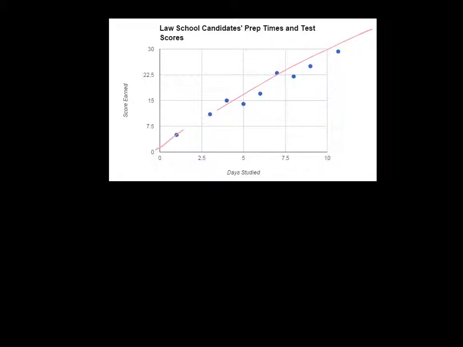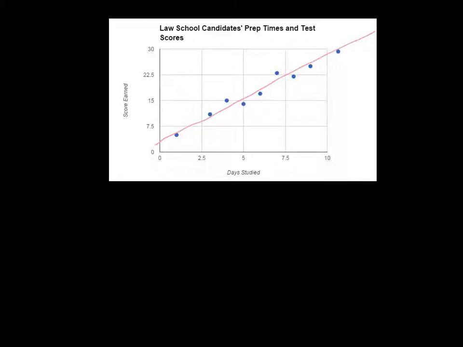I'll erase that. Okay, let's try that again. That's a little bit better. Sorry, it's not that straight, but you get the idea. So the line's kind of going through there. We're going to use that to make predictions. But what I want to focus on is something called a residual. As you can see, most of these points are really close to that line. But you might have some times where points are a little bit further away if the correlation is not so strong.